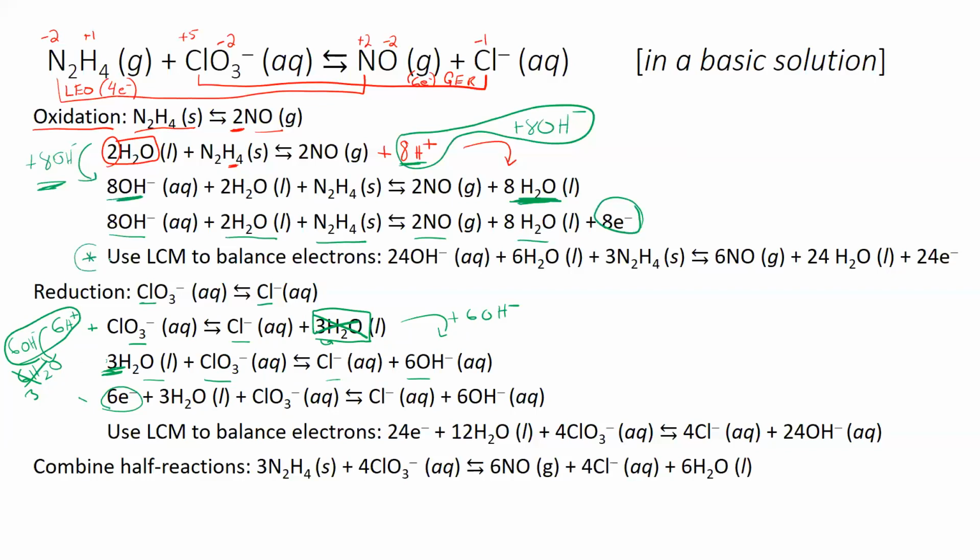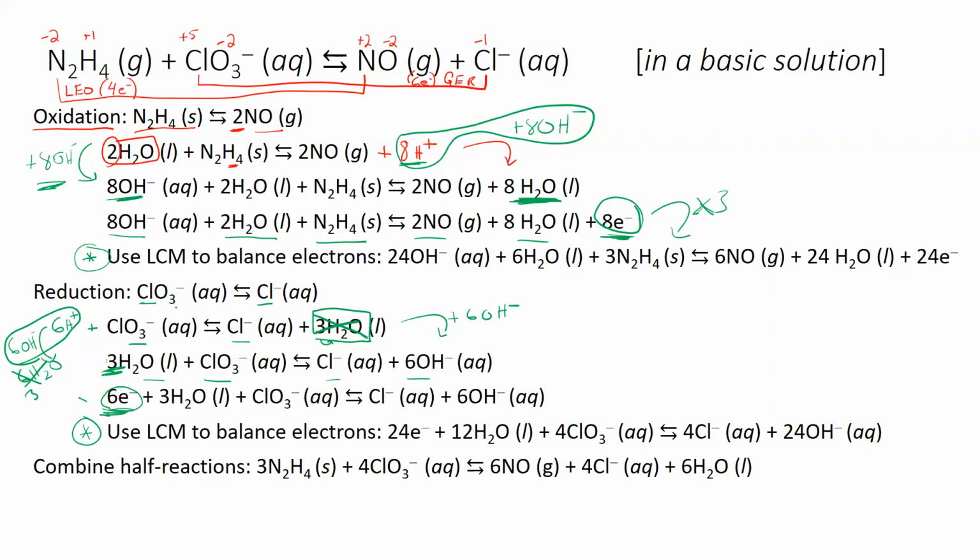And so we can now use our lowest common multiple to figure out how many of each of those half reactions we need. And so we do that for the electrons. So 8 and 6 have the lowest common multiple of 24. And so we can multiply the balanced oxidation half reaction by 3 to get to 24.